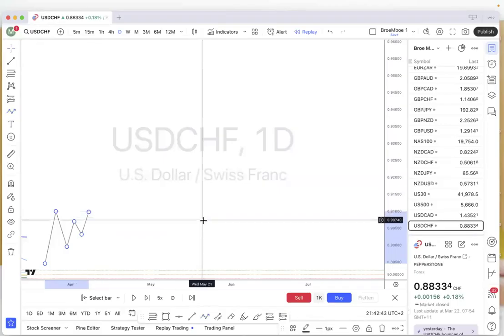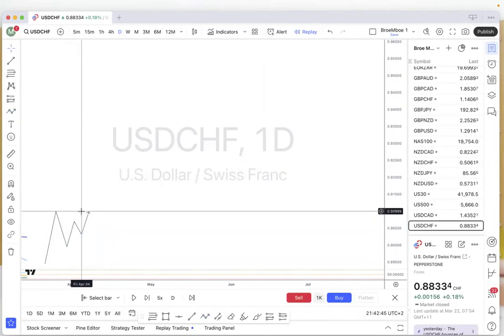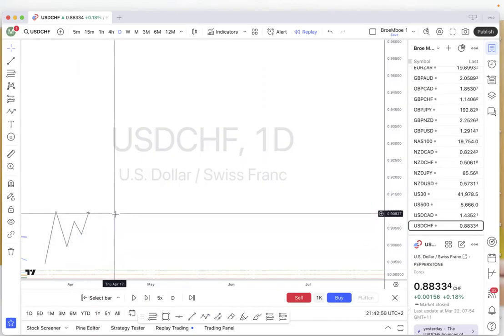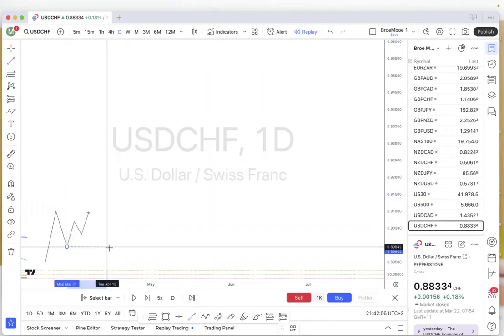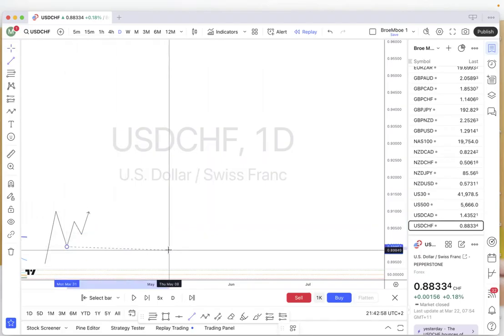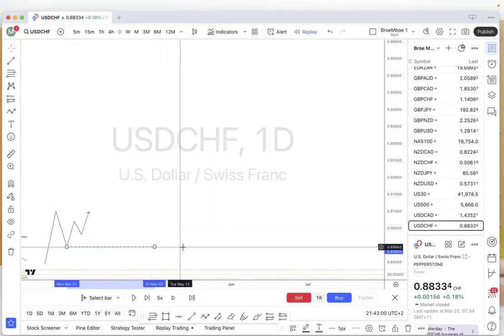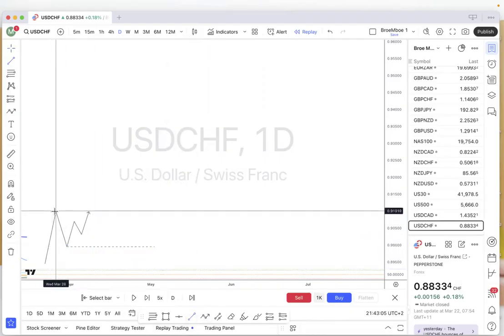So if the market has only done something like this, the buy or the uptrend is still not yet confirmed. What do I mean? For this low to be confirmed to be a low, it has to break this high, right?